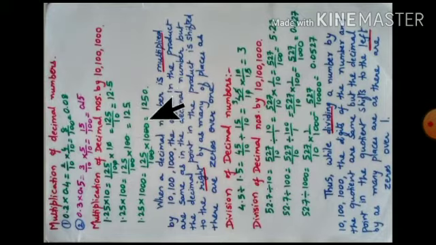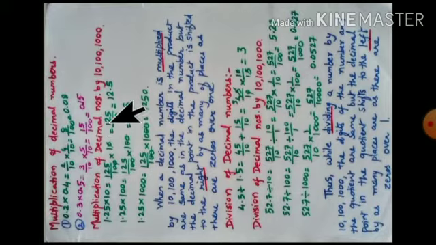So what we can observe here, when a decimal number is multiplied by 10, 100, 1000, the digits in the product are same as in the decimal number, but the decimal point in the product is shifted to the right by as many places as there are zeros over 1. Okay, so see here 10 is there, so it will be 12.5.